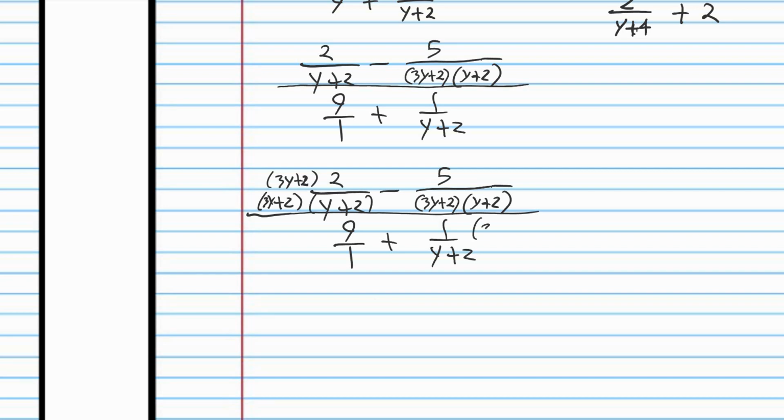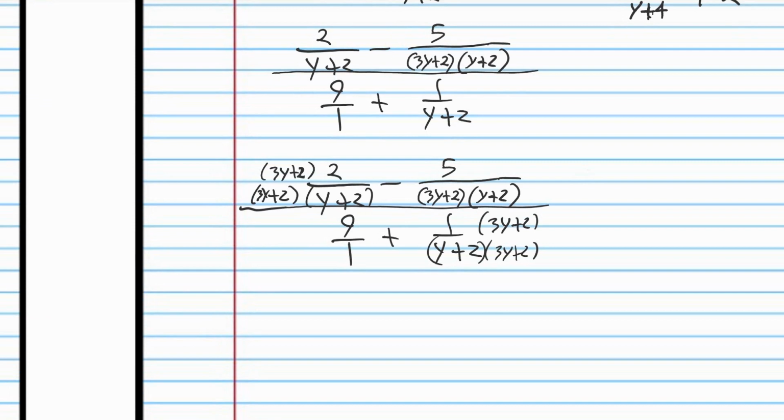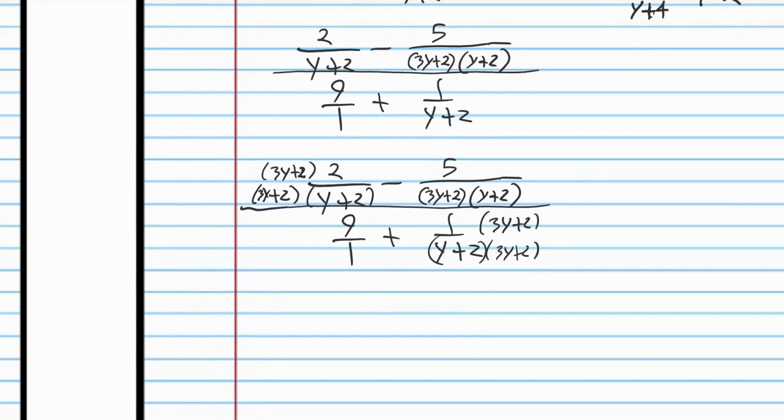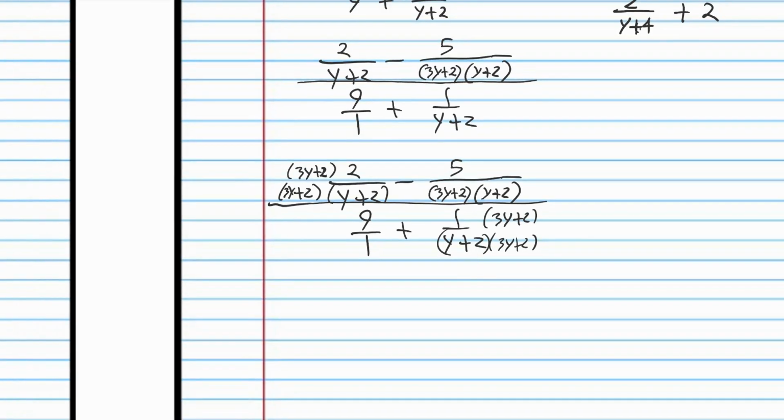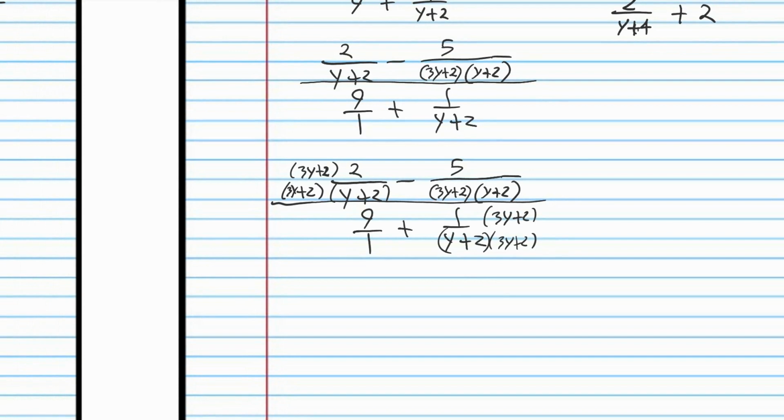And both sides of this fraction by 3y plus 2. And this is where things get tricky. This is going to be the hardest problem in this class. I'm going to have to multiply both sides by both binomials.